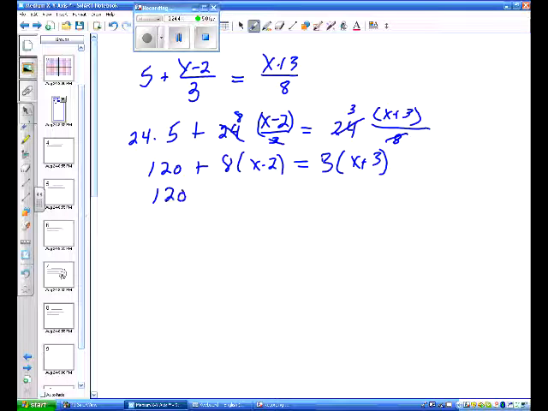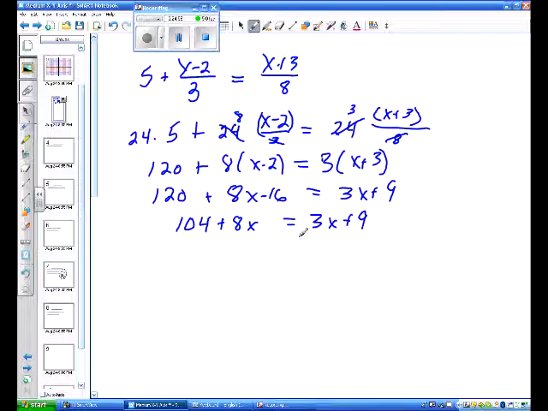We have 120 plus 8x minus 16 is equal to 3x plus 9. 120 minus 16 would be 104 plus 8x is equal to 3x plus 9.